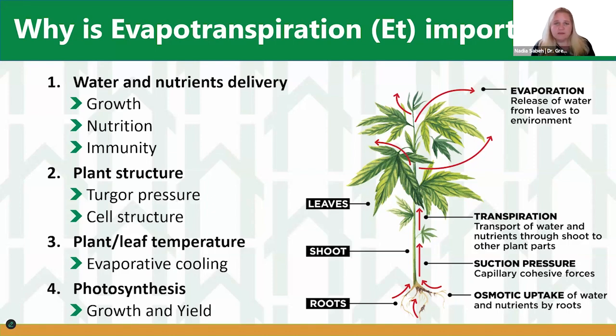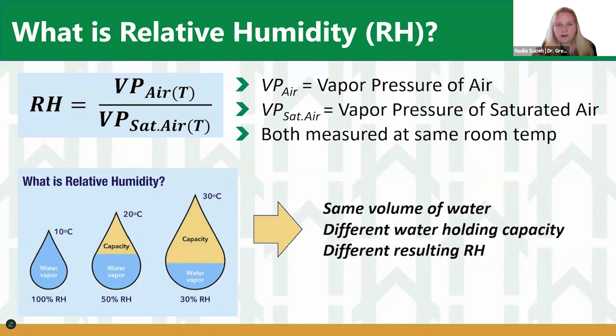You might not realize that, but if we're using evapotranspiration to help deliver water and nutrients to the plants, that's going to be really helpful to the other processes in the plants that convert carbon dioxide into sugars, into the building blocks that grow the plant. And so evapotranspiration is super duper important, which is why humidity is so important.